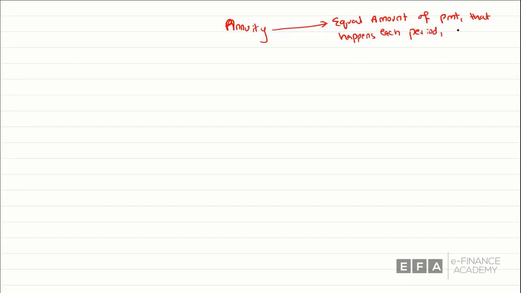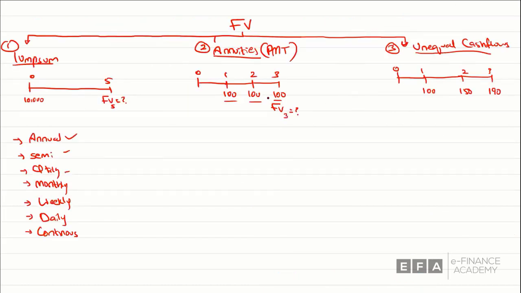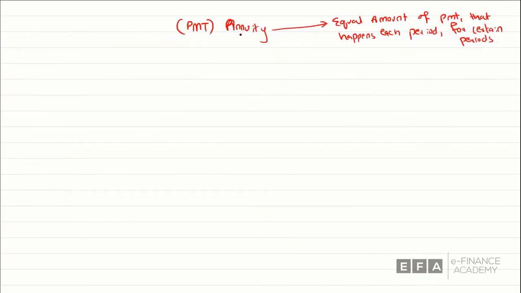Each period for a certain number of periods, or for certain periods, in short. All right, so in short, our calculator recognizes annuity as PMT. And this is how it would actually look. Equal amounts that happen sequentially, each one after another for a certain number of periods, is actually your annuity.